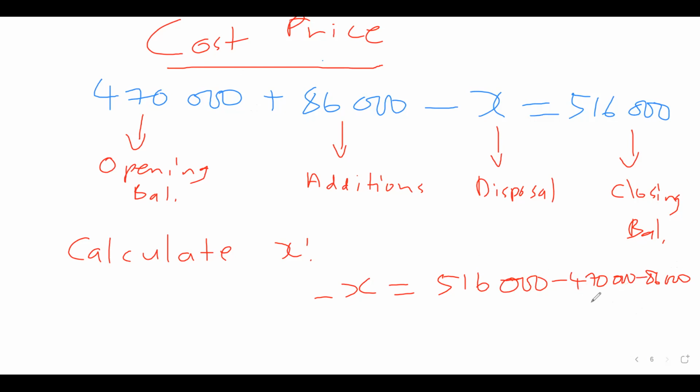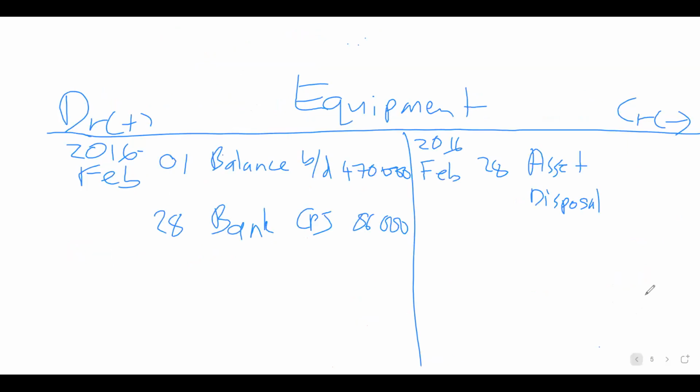So how much do you get here? The answer I got is negative 40,000, and then you divide by -1 and you get 40,000. Exactly. So the answer is supposed to be 40K. What does the 40K represent? It represents the asset disposal. Does it make sense? Yes.